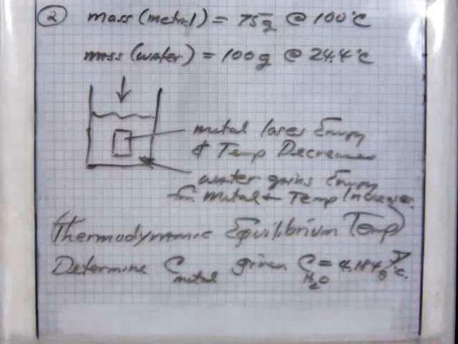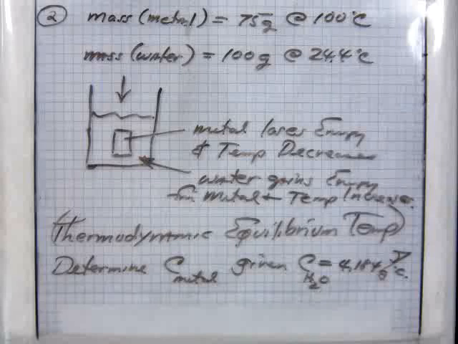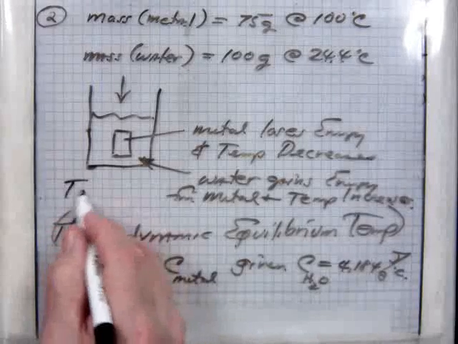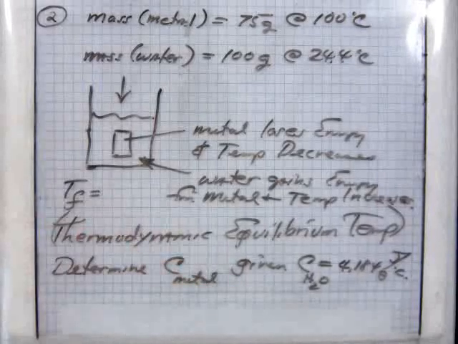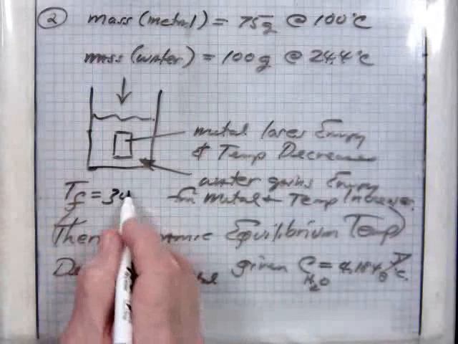So that's kind of a graphic layout of the problem. Does everybody understand the problem itself and what we're looking for? We're looking for specific heat, and we're looking to get that number from adding a hot metal to cold water. And they're going to wind up in the middle. Temperature final, I'm going to call it TF, 34.9 degrees C.